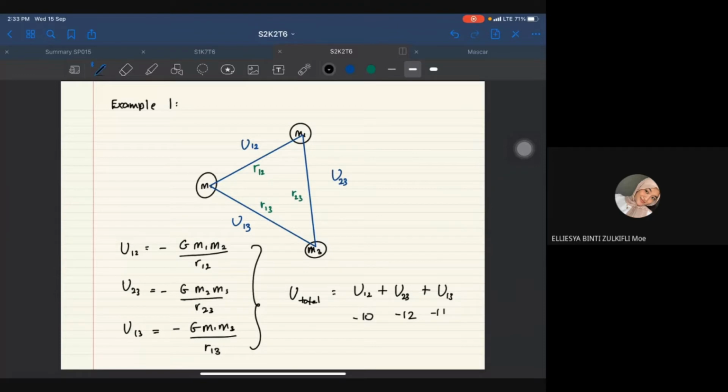So, basically you just add up all this number. So you get negative 33. So negative tu buat apa? Biar je. Jangan usik. So just leave it as it is. Senang sangat. Kalau dikasih 10 sekalipun, buat je lah 10. Tapi tak adalah. Syllabus kan saya rasa 3 je maksimum. Kalau 2 memang senang lah. I mean 2 objects. Something like that. Yeah. Okay, any question? You guys clear on this?